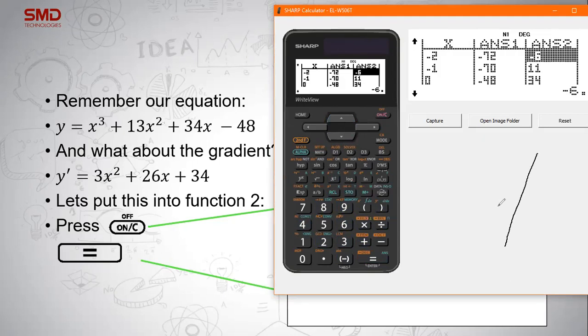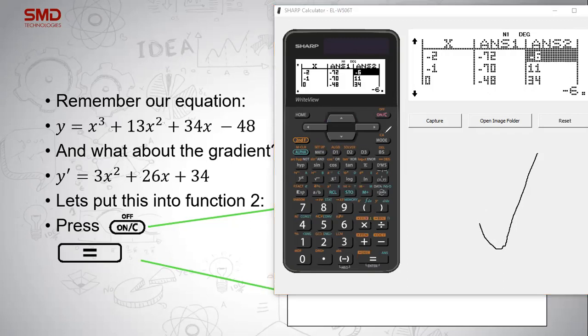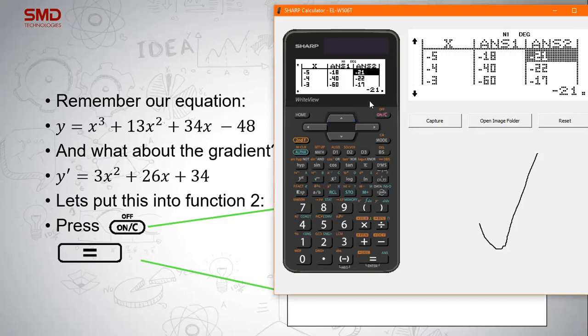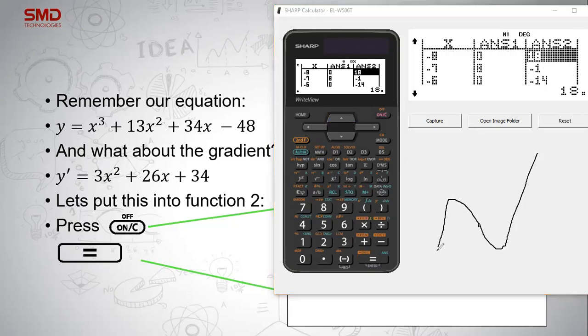So I'm drawing the graph backwards, so it looks like that. And then if I continue up, you'll see it stays negative, but then it switches to positive again at -8. So here we can see that our graph does this. And again, it's positive and then negative and then positive.